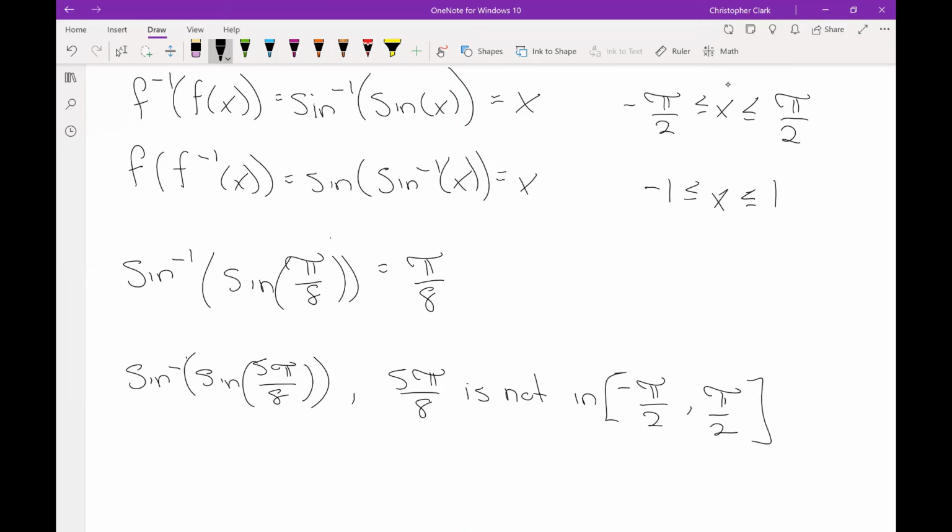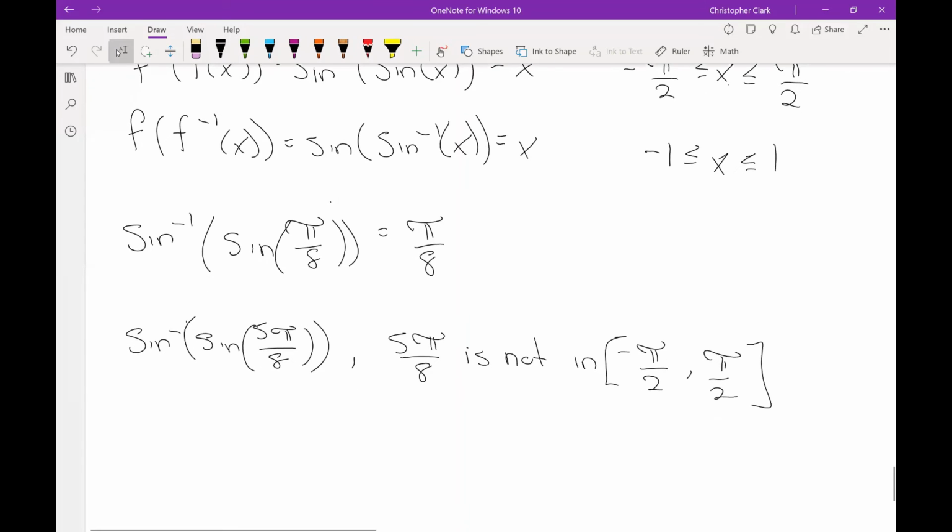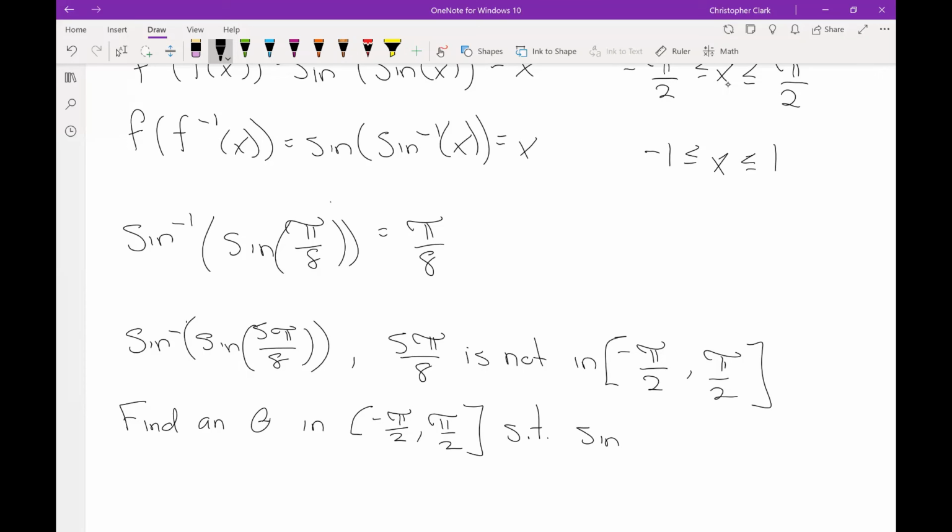So what do we do? Are we in trouble? Well, not necessarily. So we'll say find an angle in negative pi over 2 to pi over 2 such that sine of theta equals sine of 5 pi over 8.